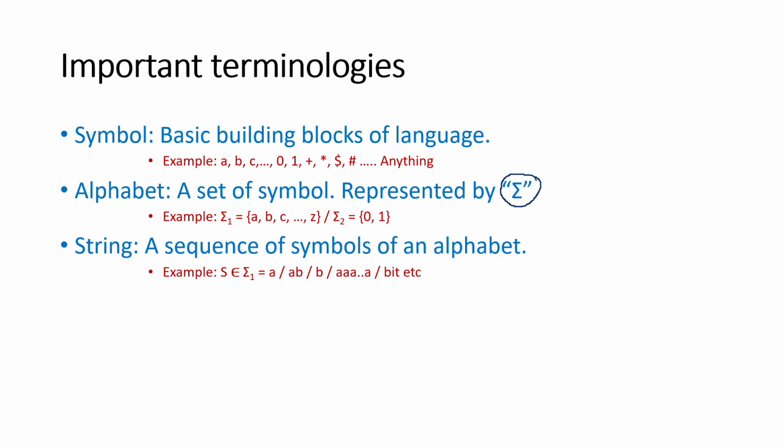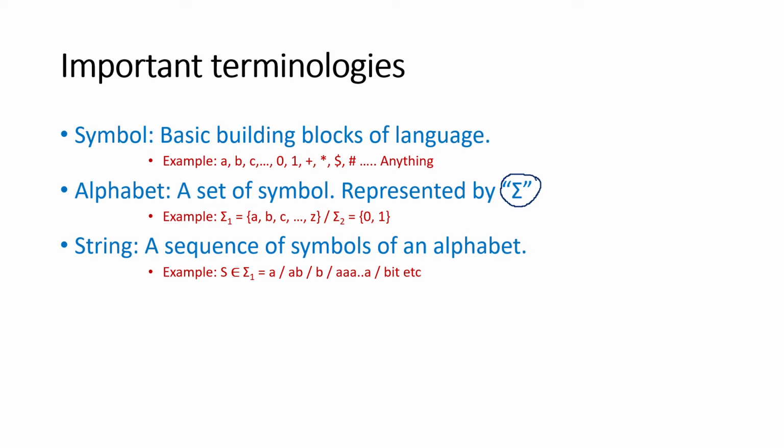But it can be a combination of any symbols. But that does not mean that string is a correct string of this particular language. We have not yet defined that. We are saying that a combination of any symbols, a sequence of symbols, can be a string.